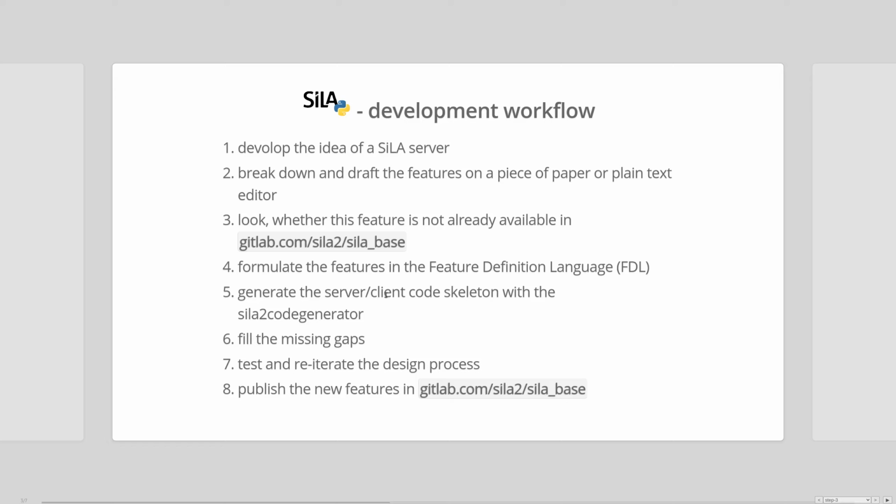You base your own development on these skeletons and can then fill the missing gaps. So, for example, the hardware-specific communication part, like COM port communication or Ethernet communication, whatever your server requires to talk to real-world hardware or other processes.